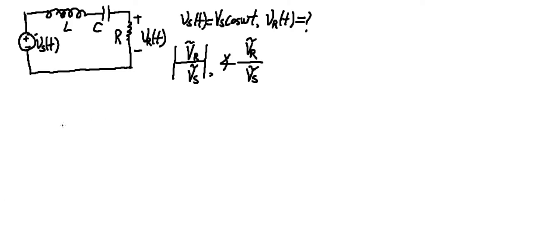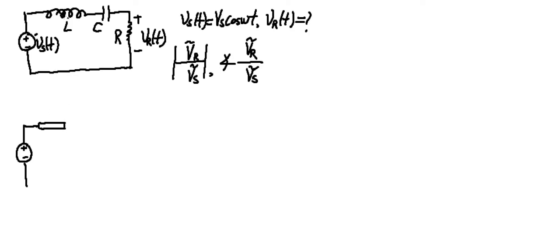Since we have already discussed complex impedance, today we will utilize this approach. First of all, we will draw the circuit utilizing complex impedance. So we can convert the inductor, capacitor, and resistor into boxes.